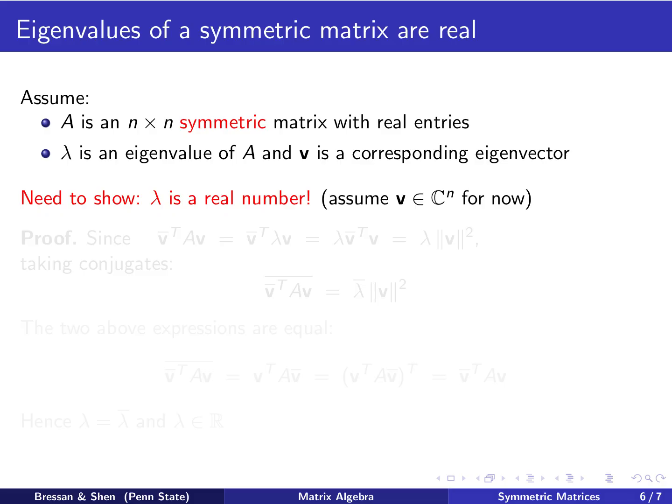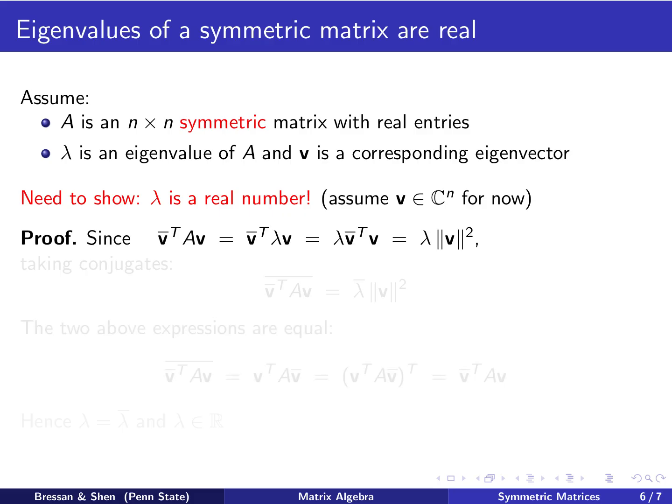If we have that, we would like to show that lambda is a real number. We are not making any claim about the eigenvector. We don't know if that can be complex or real, so we assume in general it's only in Cn. And then we want to show lambda is real.